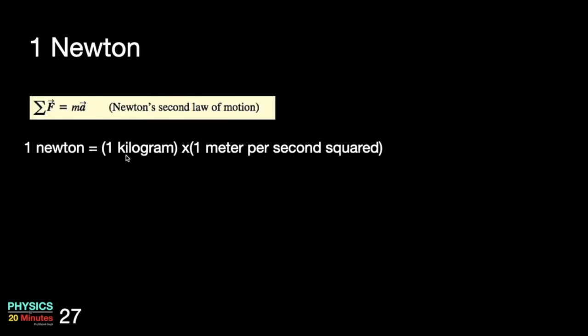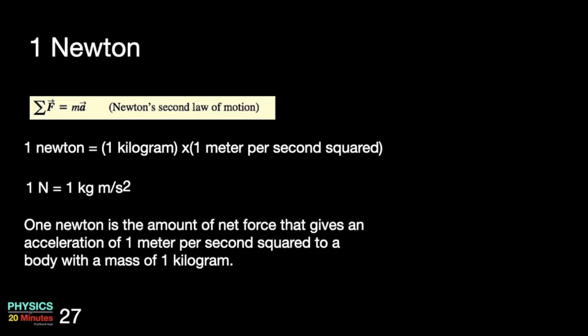That means 1 Newton is that force which produces an acceleration of 1 meter per second squared in a mass of 1 kilogram. So 1 Newton is equal to 1 kg meter per second squared. 1 Newton is the amount of net force that gives an acceleration of 1 meter per second squared to a body with a mass of 1 kilogram.